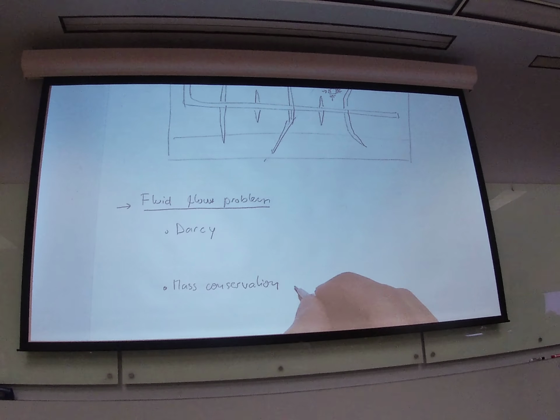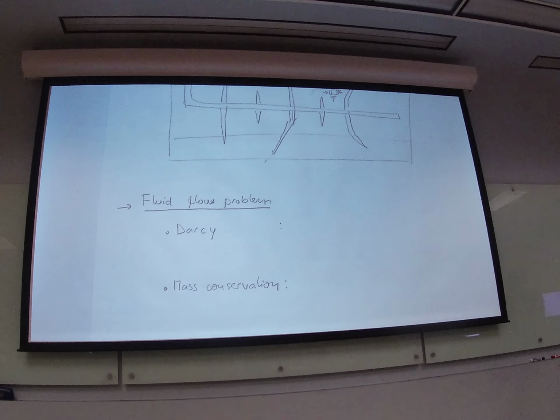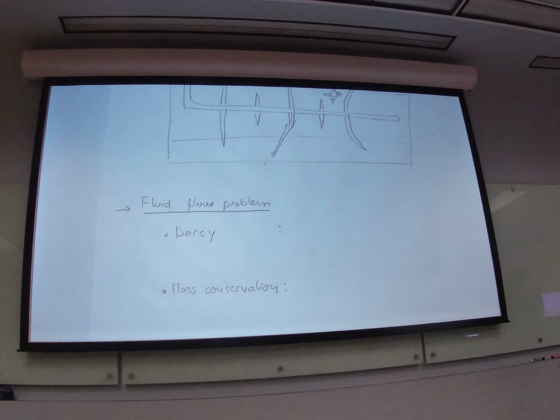So, mass conservation, if you were to write it in mathematical terms, it will tell you that you need to conserve the mass in a system, right? And that means also that the summation of fluxes has to be zero in all directions. But in order to get flux, we use the Darcy equation.